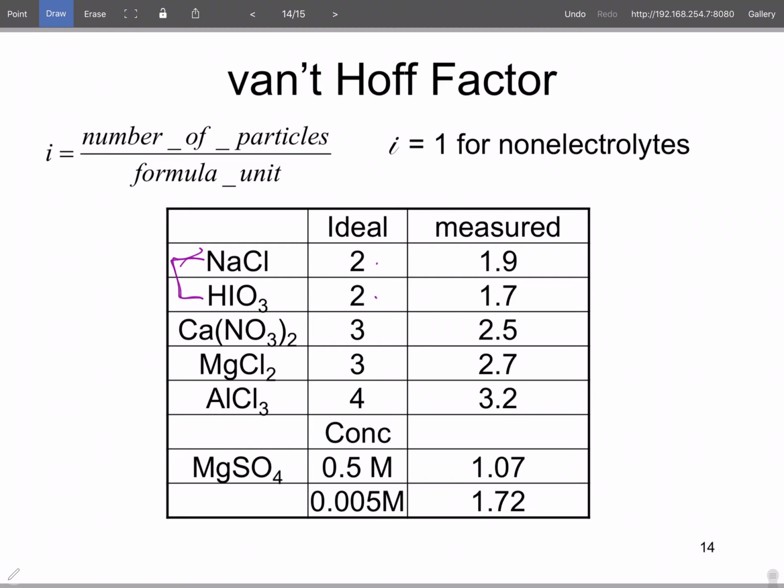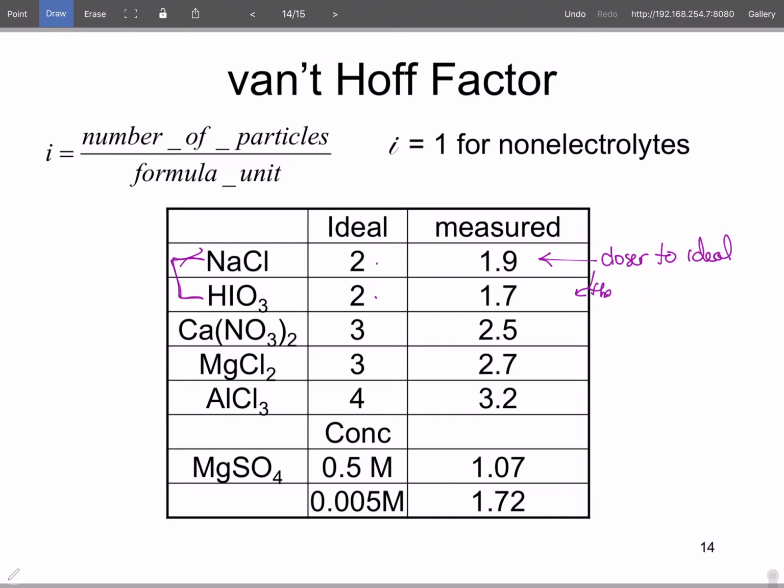But if you notice, this one is closer to ideal than down here.